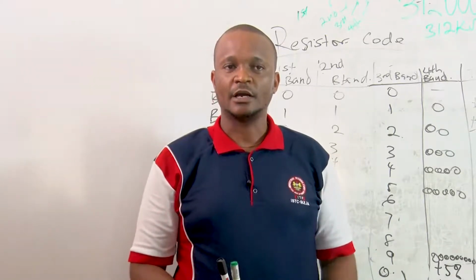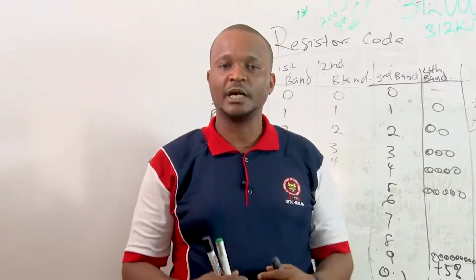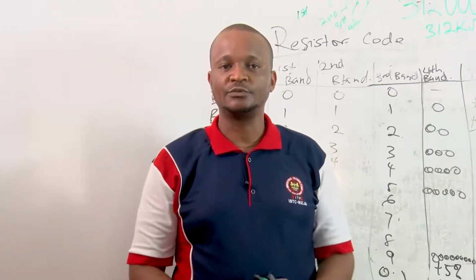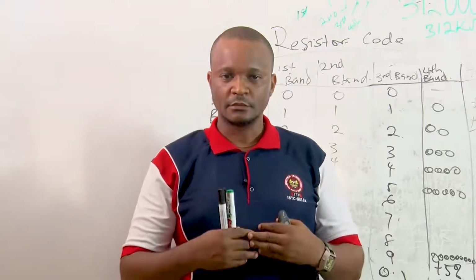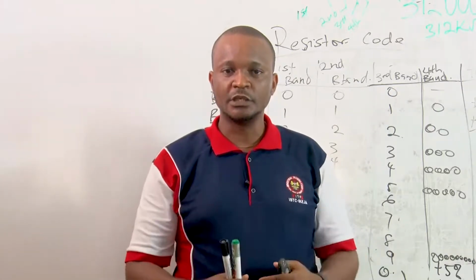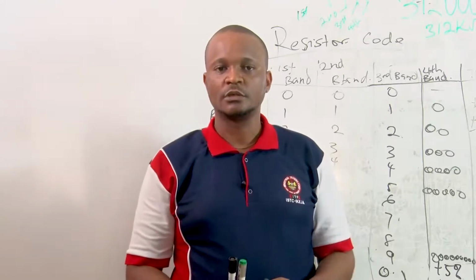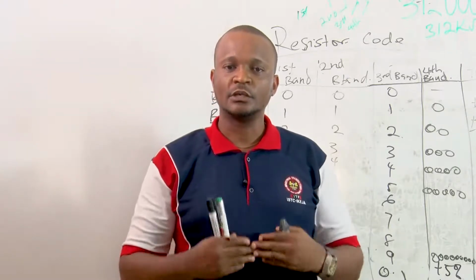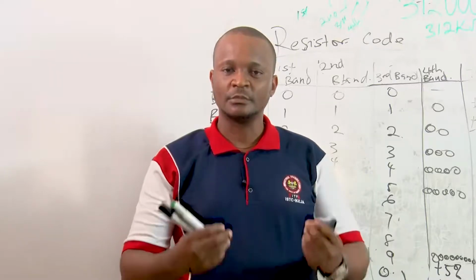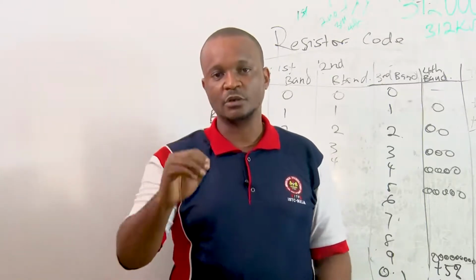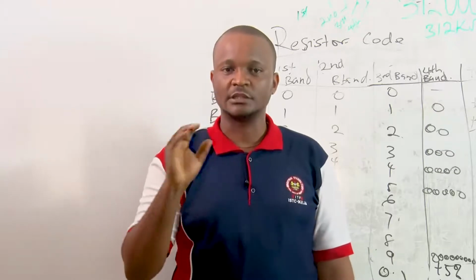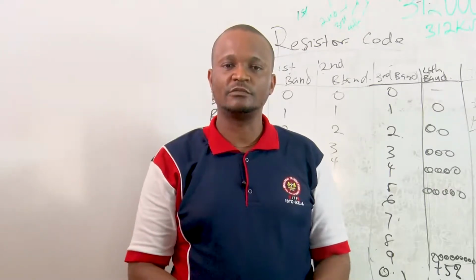So, like I always said, practice, practice, practice. Pick up different values of resistors. When you see them, try to do what? Read the color codes. So when you practice, you will, from time to time, begin to know how these colors are arranged. So when you pick up a resistor, with just a glance, you can tell the value of the resistor.